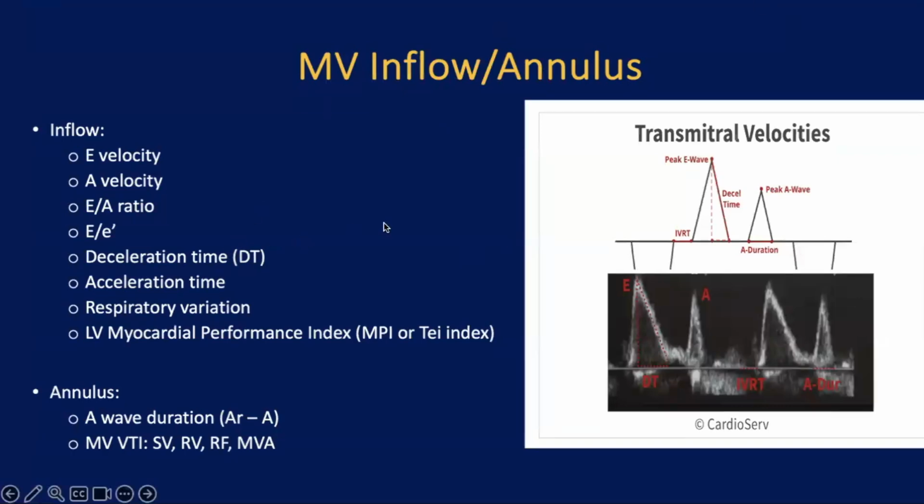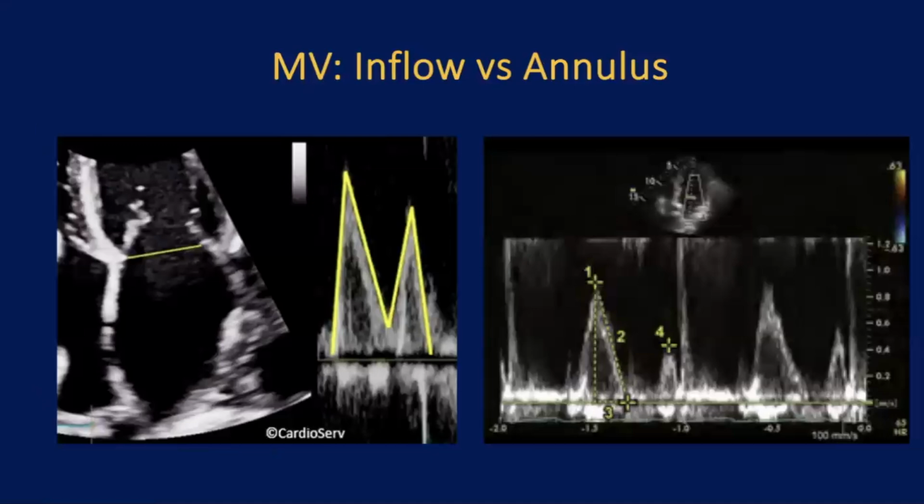You can have the E velocity, E over A ratio, E over E prime, deceleration time, acceleration time, respiratory variation, and myocardial performance index. And from the annulus, you can get the A wave duration and the mitral valve VTI, which will give you the stroke volume, the regurgitant volume, regurgitant fraction, and mitral valve area. A lot of calculations can be involved in these things.